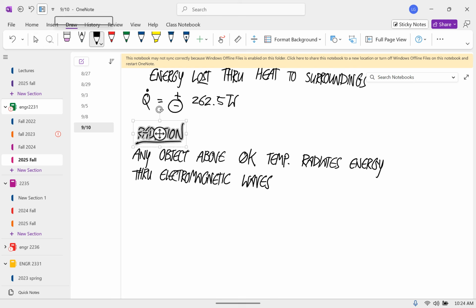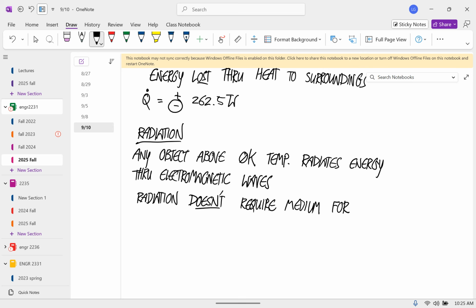Okay, so any object above 0 Kelvin radiates energy through electromagnetic waves, and electromagnetic waves don't require a medium. So radiation doesn't require a medium for energy transfer.